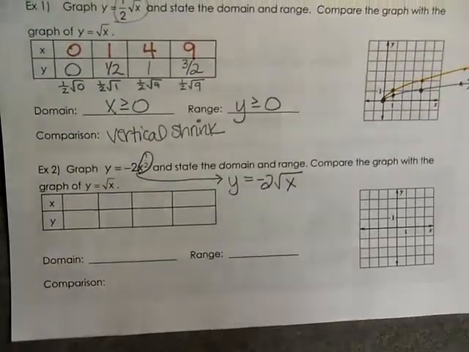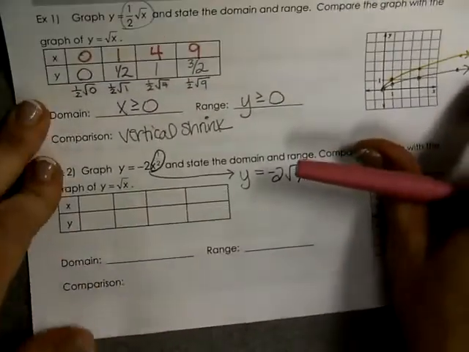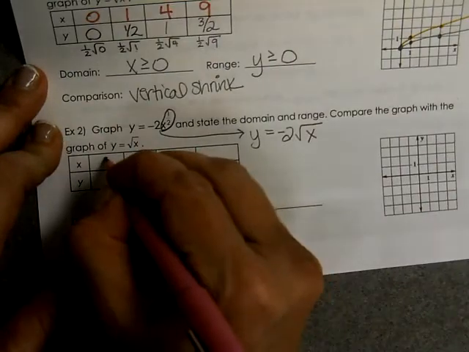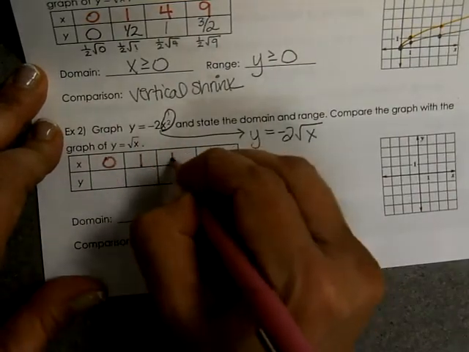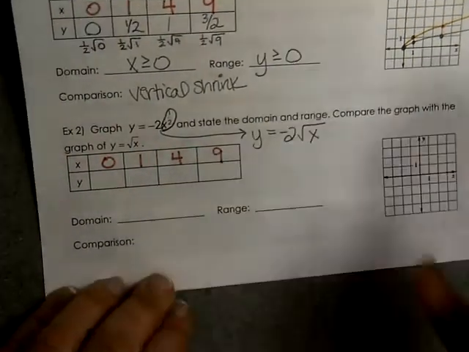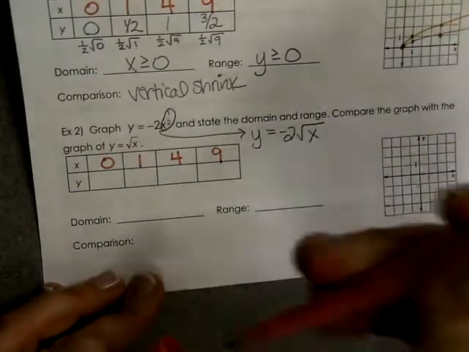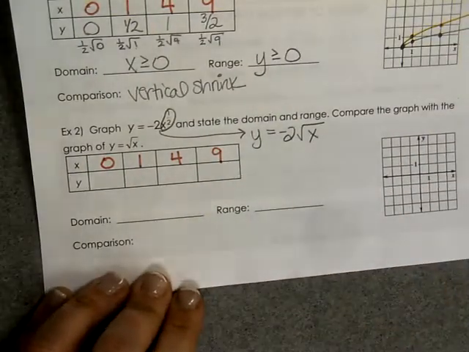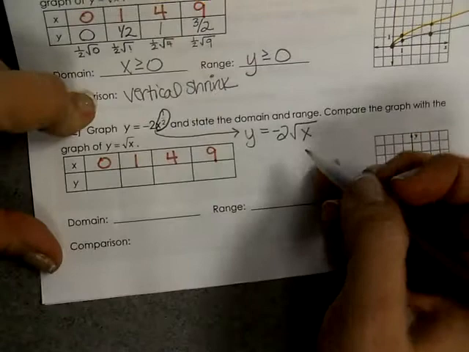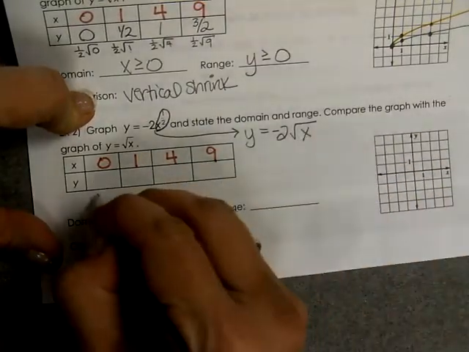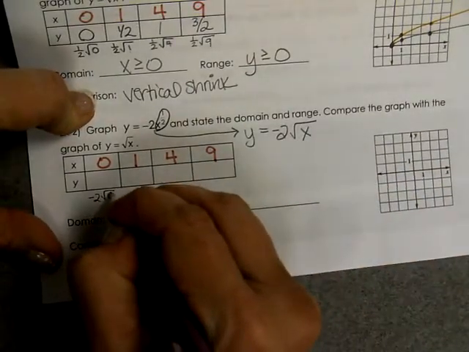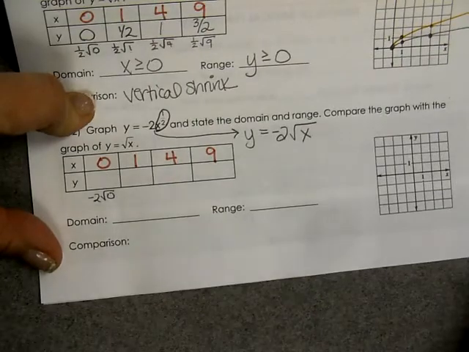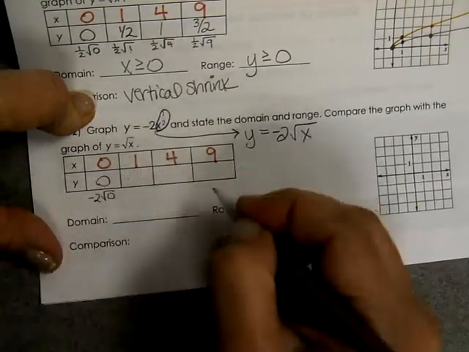But we are doing a square root, and since we're doing square root, let's use our friends 0, 1, 4, and 9. And let's find out what our values are here. So if I put 0 in for x, I have -2 times the square root of 0. Well, that's 0.